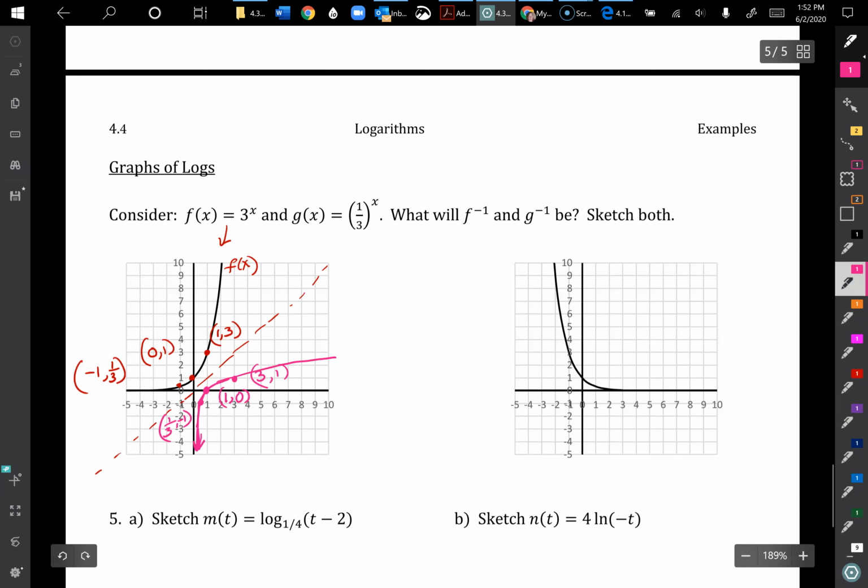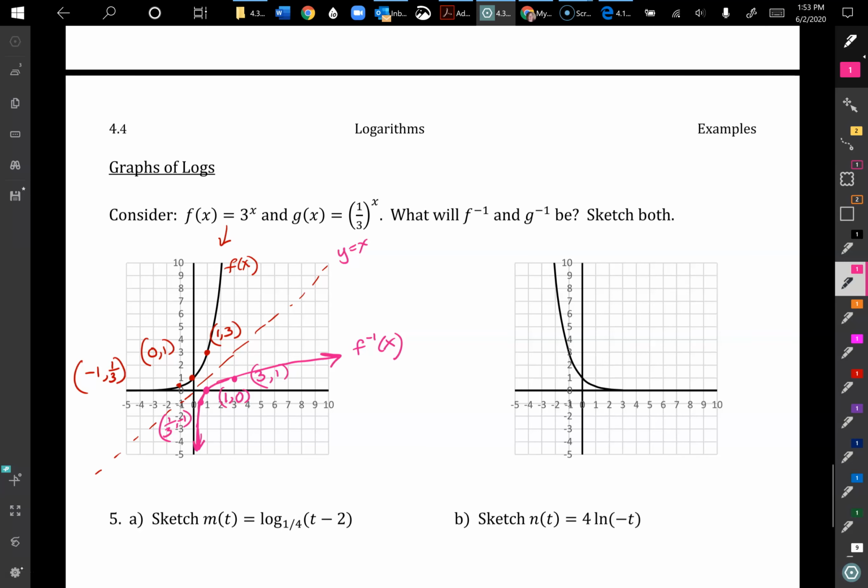And then this kind of just goes off that way. So remember, this is y equals x. So we have symmetry the same way we do for other functions. So this is our f inverse of x.